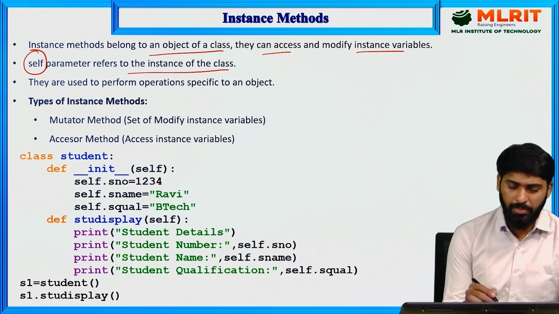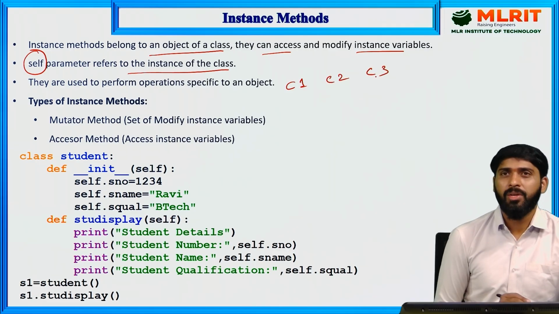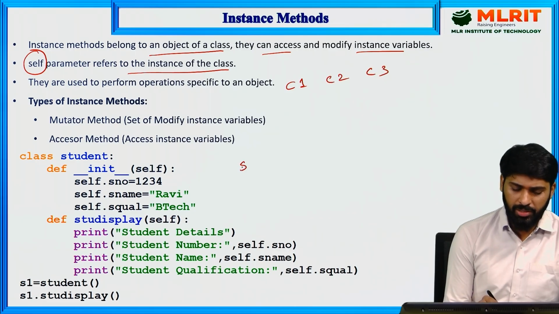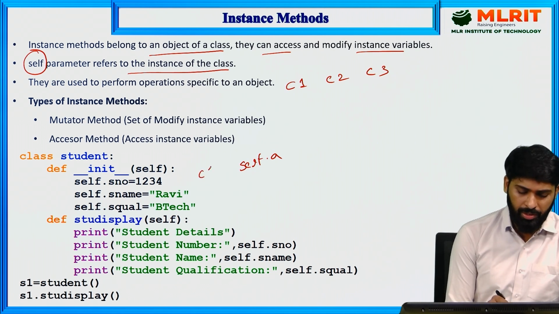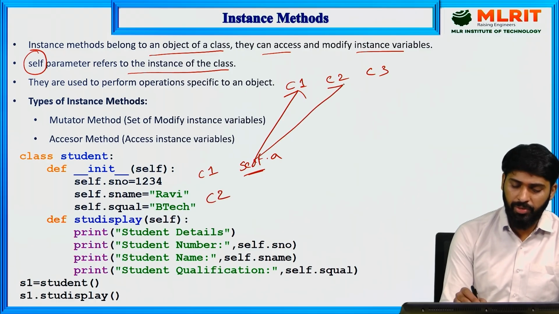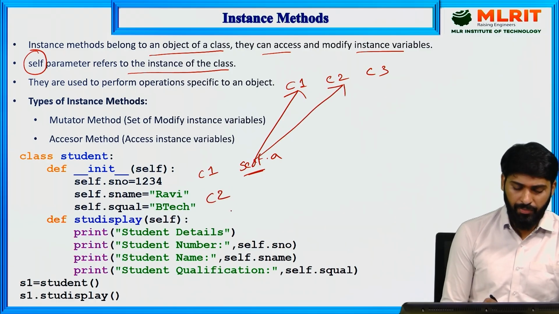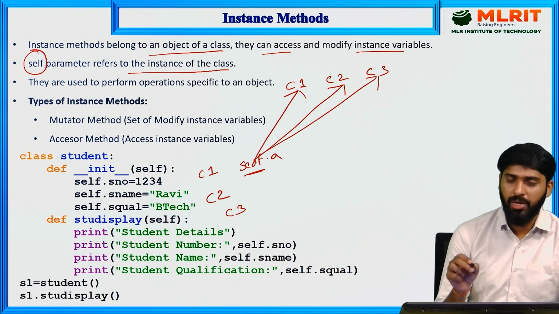For example, I created three objects C1, C2, C3. Now if I write self.a and call with C1, this self represents the C1 object. If I call with C2, the same self references C2. If I call with C3, then the same self will refer to object C3.